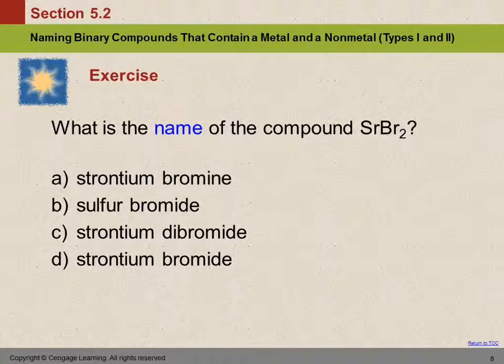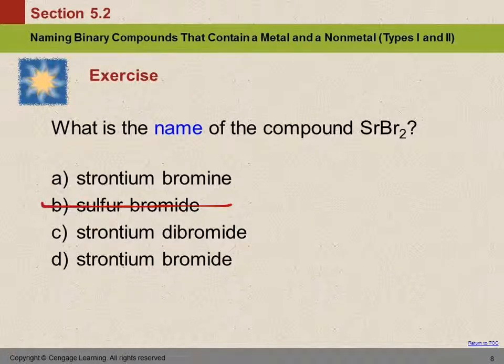So what is the name of this compound, SrBr2? Well, what's Sr? Strontium. So we could eliminate B then, right? Because it's not sulfur.